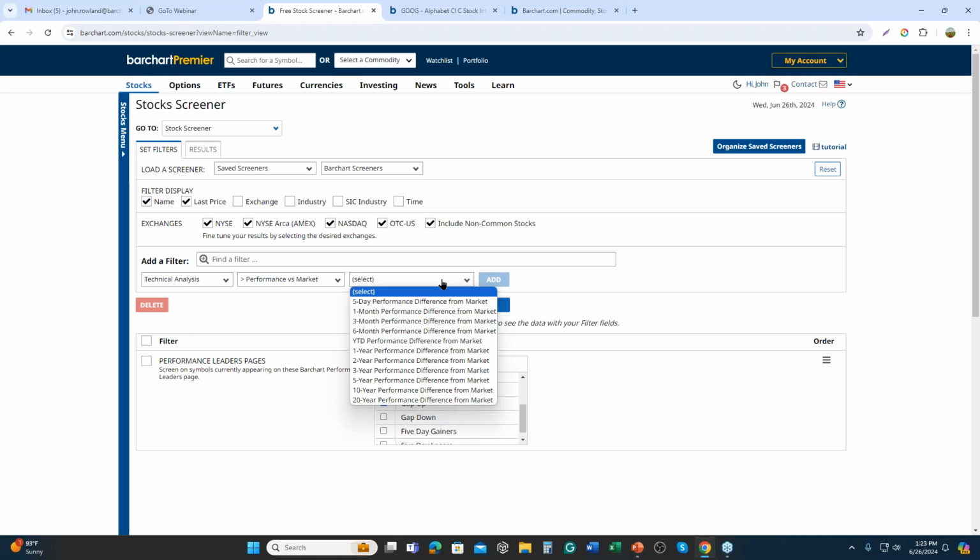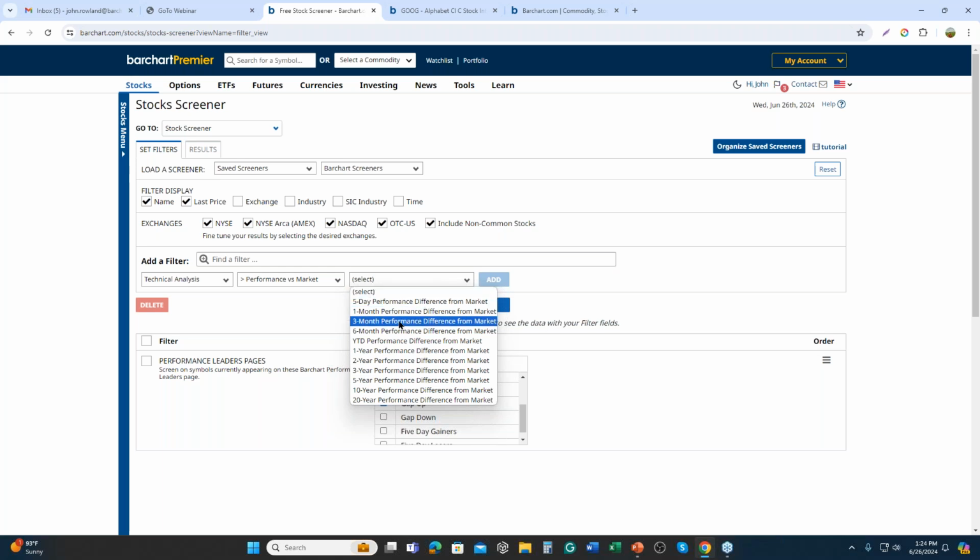And again, you can look at a very specific time frame. Now, there is a theory of market performance that says that stocks that outperform for 3 months will outperform for 6 months. Stocks that outperform for 6 months usually will outperform for that year.